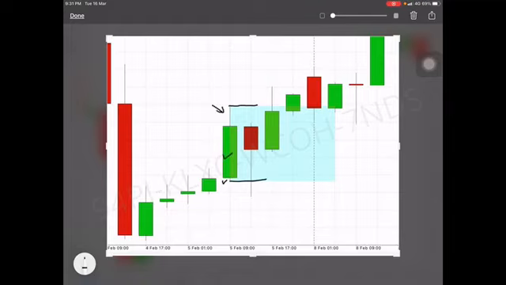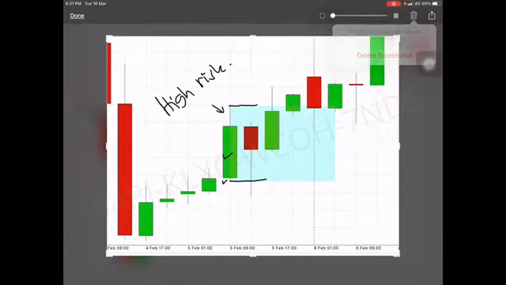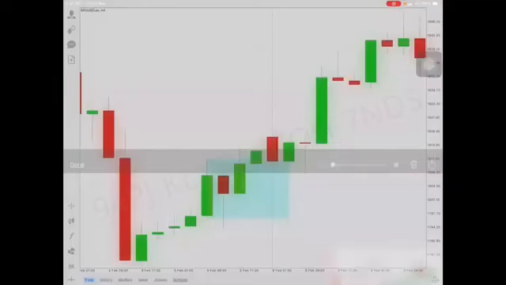So that's why this is called a high risk. High risk means that zone is most likely to be broken. It's not a strong zone. Do you have any questions on this one? No question. Okay, so I'm going to show you some more high risk ones.